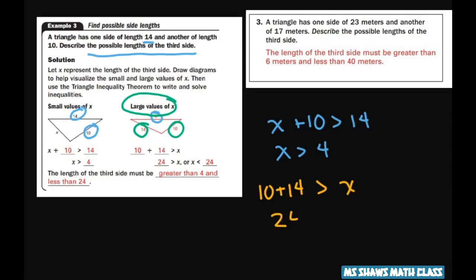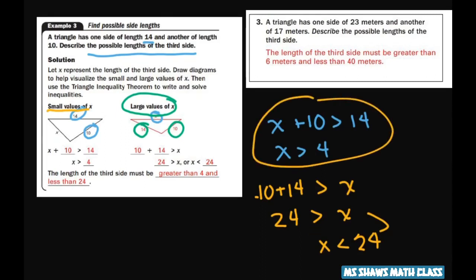So 24 must be greater than x, or you can say x is less than 24. It's just two different ways. So for small values, you set it up this way, and for large values of x, you set it up this way.